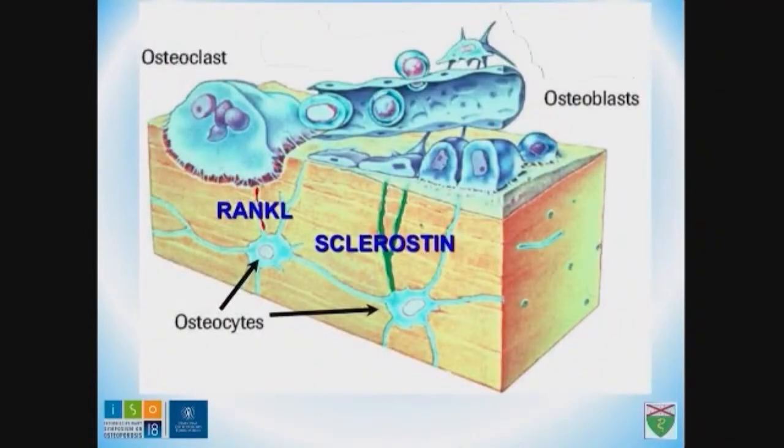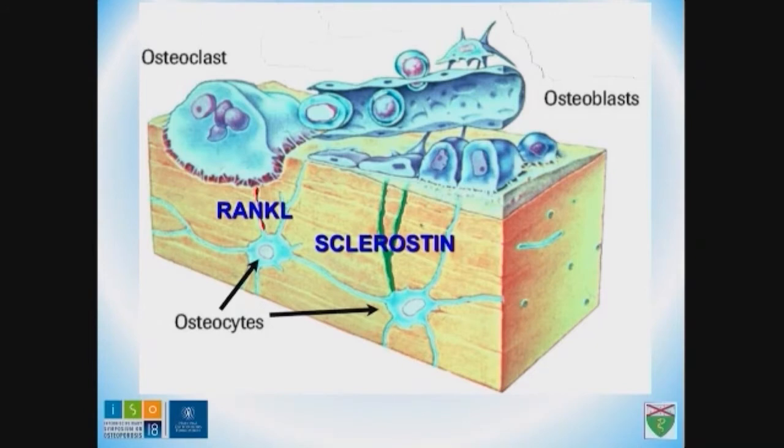So as I mentioned, osteocytes are buried in bone. They have projections that connect them to one another. They are also connected to the cell surface, where they regulate the recruitment of osteoclasts, the bone breakdown cells, and osteoblasts, the bone-forming cells. And the two final common effectors of those processes are RANK ligand that stimulates osteoclast activity and formation, and sclerostin, which inhibits bone formation.